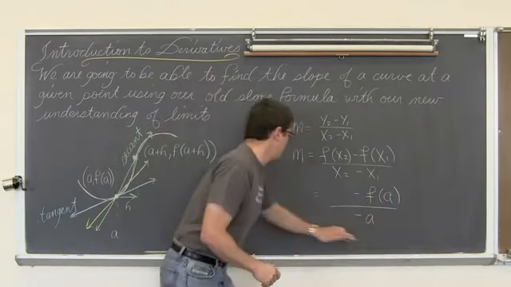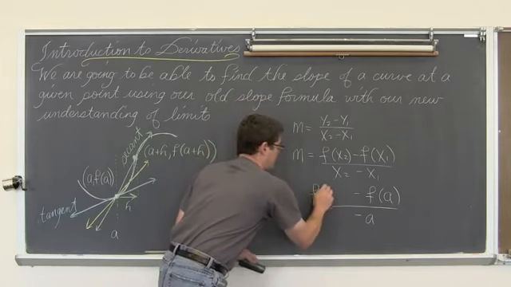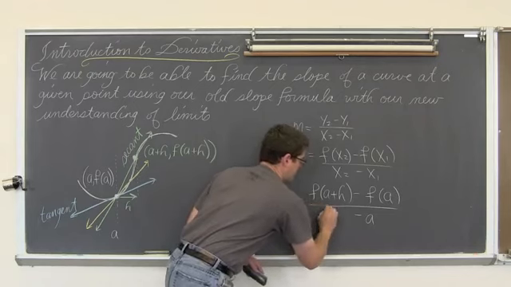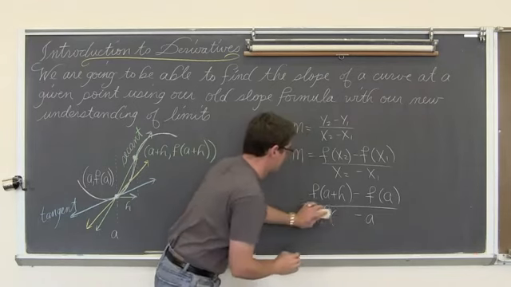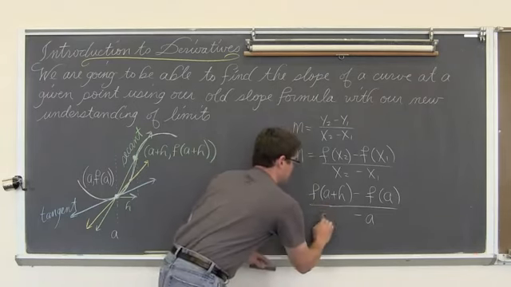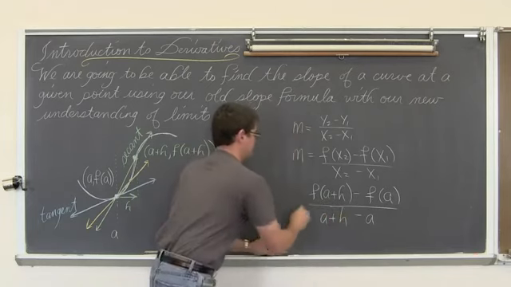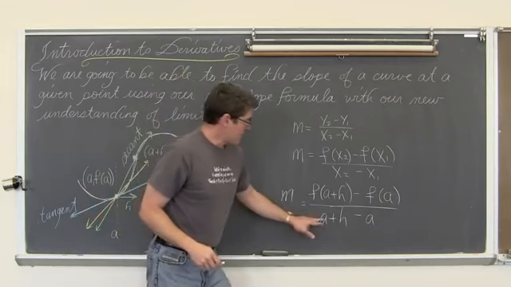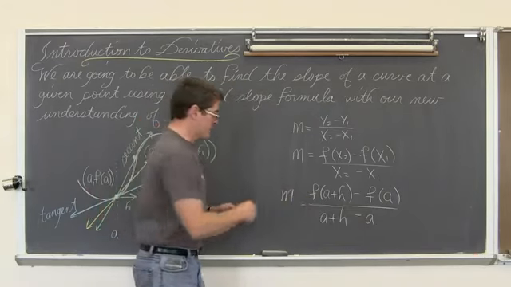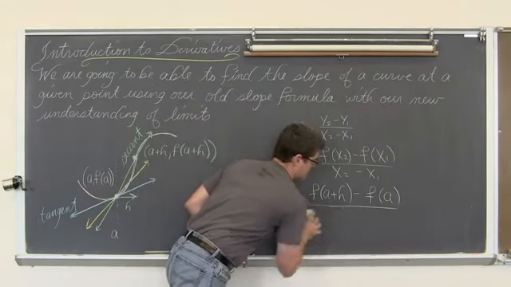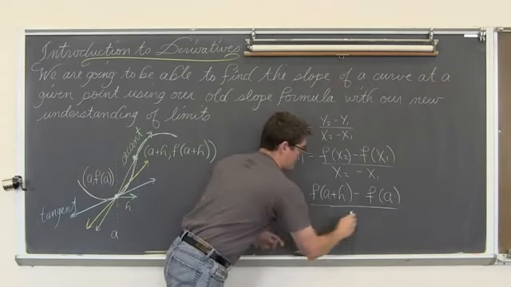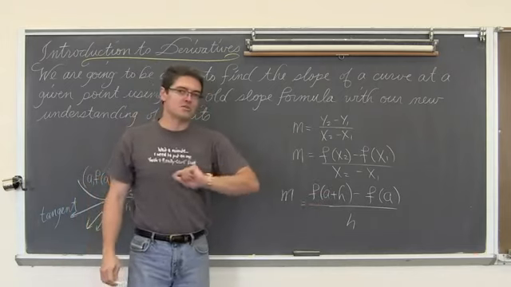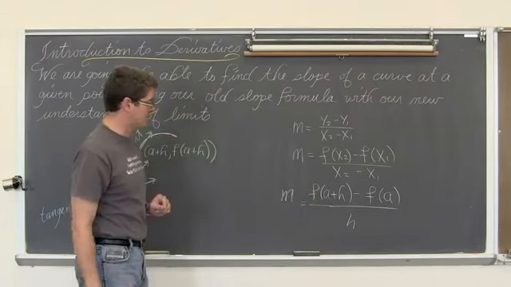So we have f of a plus h minus f of a, over a plus h minus a, and that's equal to slope. Of course, a minus a is 0, so the denominator gets reduced to just h, and now we have something that you might recognize called the difference quotient from the beginning of pre-calculus.